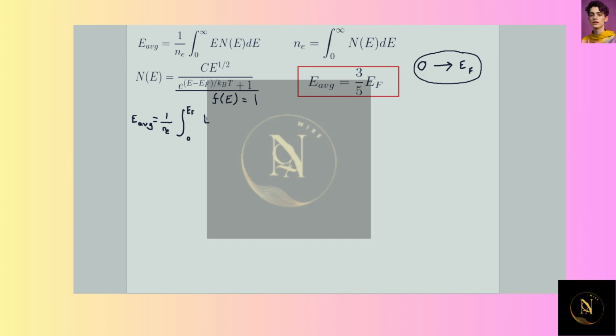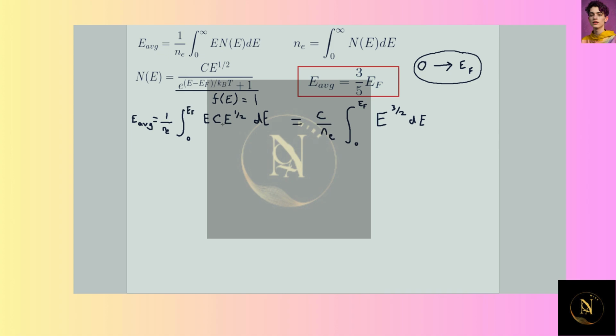Taking into consideration that our Fermi-Dirac distribution is 1, this just comes out as E multiplied by our constant C times E to the half. That's the only thing that's left in this expression for the number density of states, with respect to E.